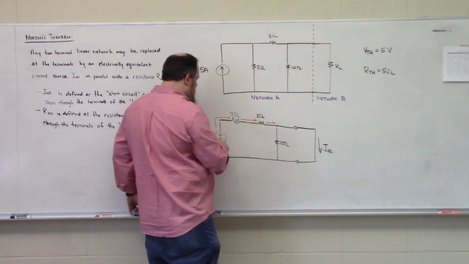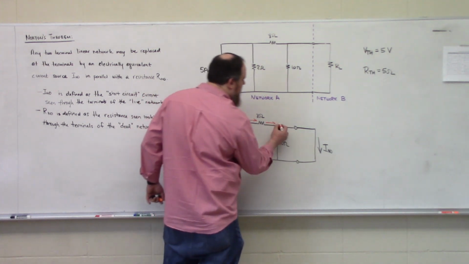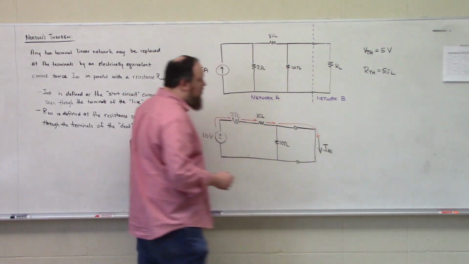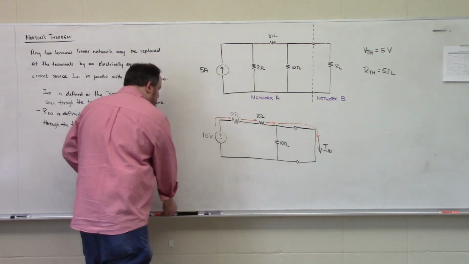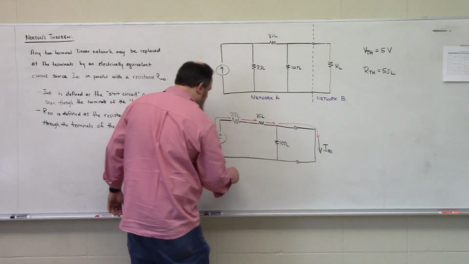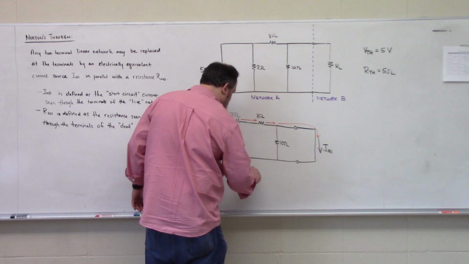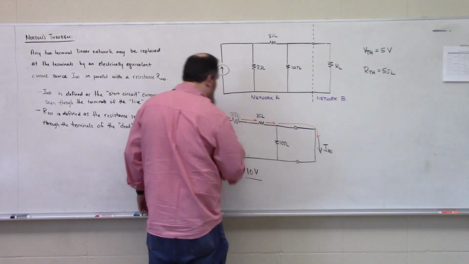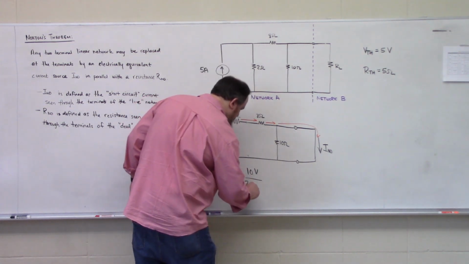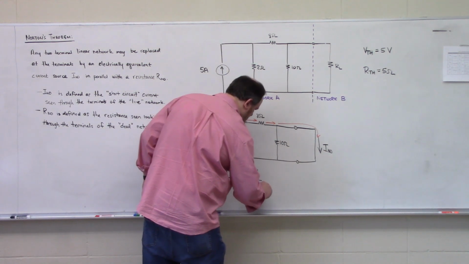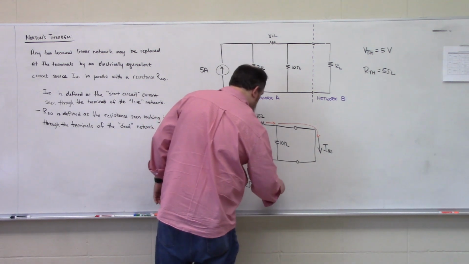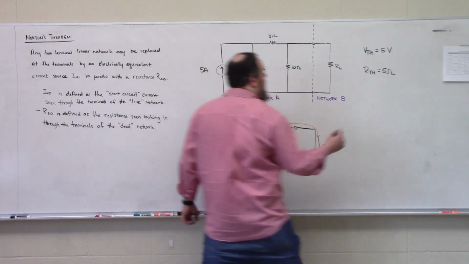So all of the current that's leaving this 10 volt source is going to flow and be our Norton current. So from this, our Norton current, I Norton, is 10 volts divided by 2 ohms plus 8 ohms, which is equal to 1 ampere.